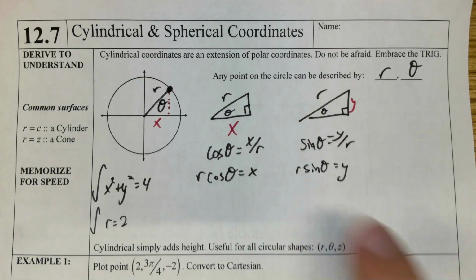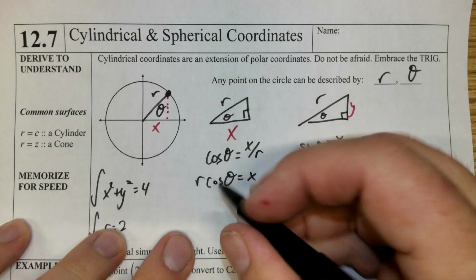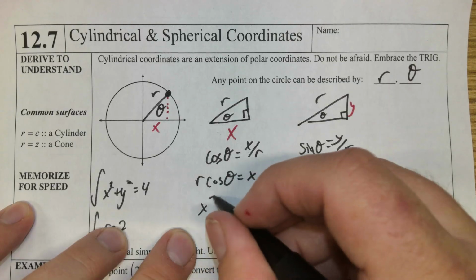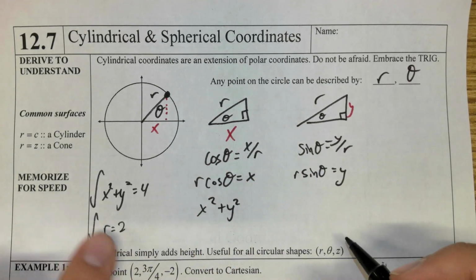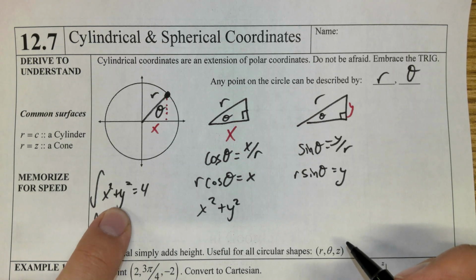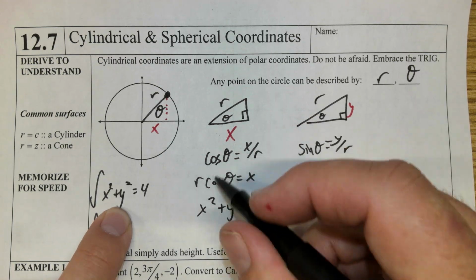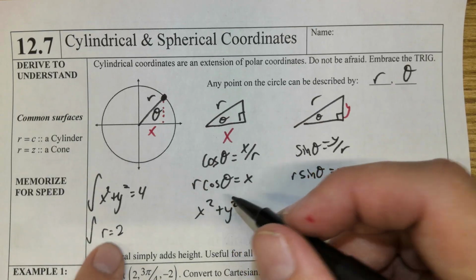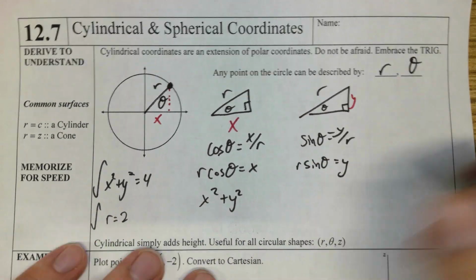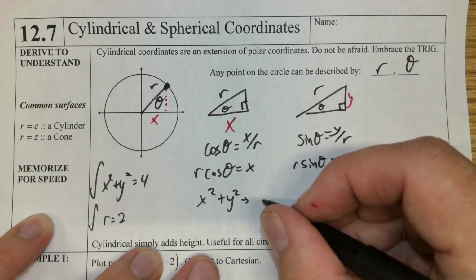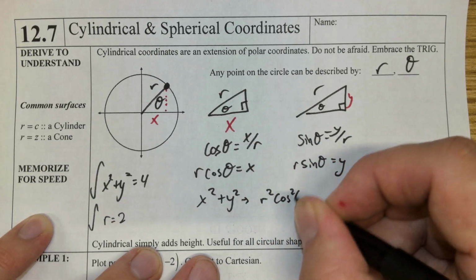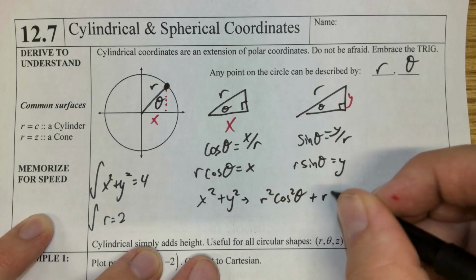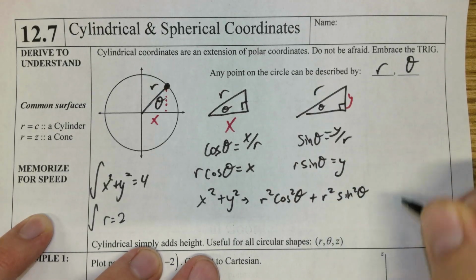Other great things to remember about polar coordinates is that x squared plus y squared is usually the type of equation we see for a circle. So how is this going to simplify and get nicer here? Let's see it. x squared plus y squared would be r squared cos squared theta plus r squared sine squared theta.